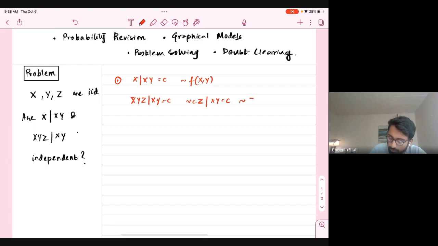Now this is distributed as cZ, because Z is independent of XY, so it's a function of Z, some f1 of Z. Therefore, since X, Y, Z are independent, this is independent of this.